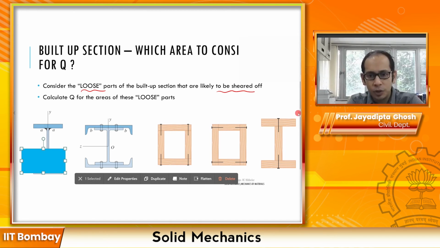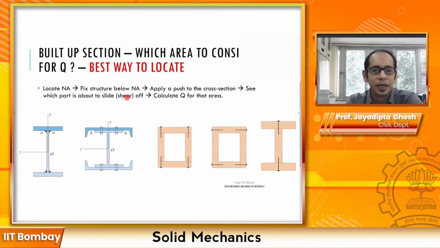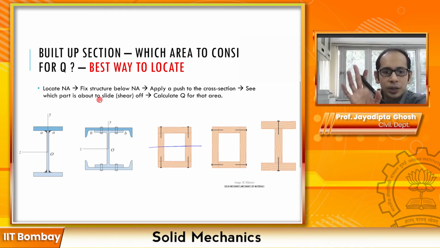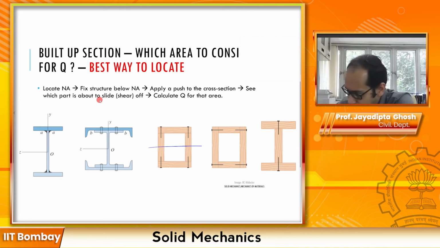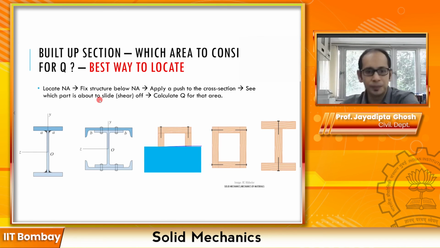It may become clearer in this one over here: you locate the neutral axis, and you fix the structure below the neutral axis. Say for this one, the neutral axis may be somewhere here. So I am fixing the structure below the neutral axis, let me draw a fixity kind of a thing.